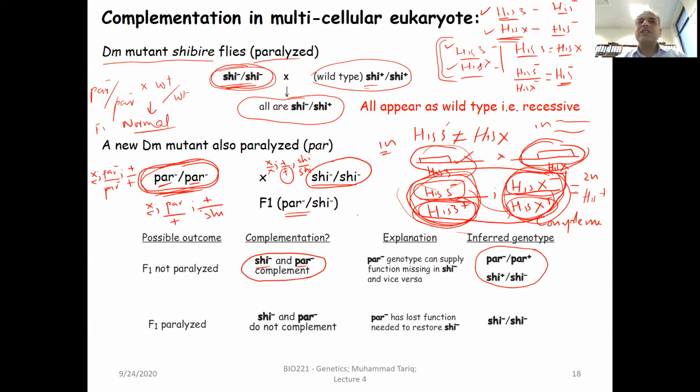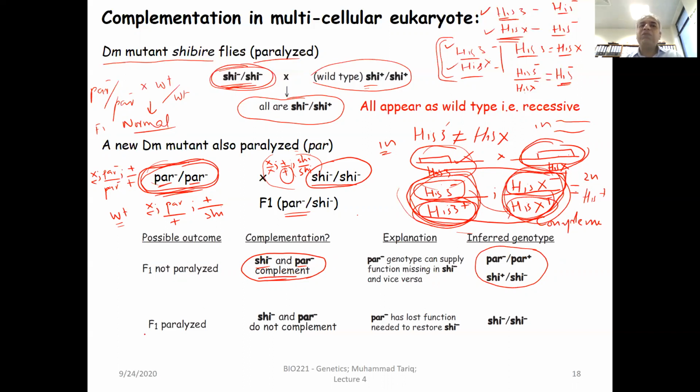It becomes heterozygous. And in such a state, they are complementing each other, because the wild type copy for paralyzed is coming from this mutant in F1 and the wild type copy of Shibere is coming from this mutant, and in F1 the fly will be wild type, normal. In such a case we say they are complementing each other.